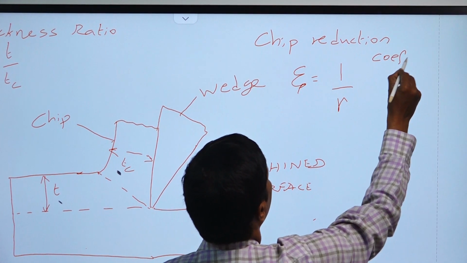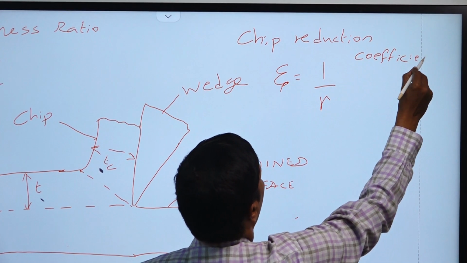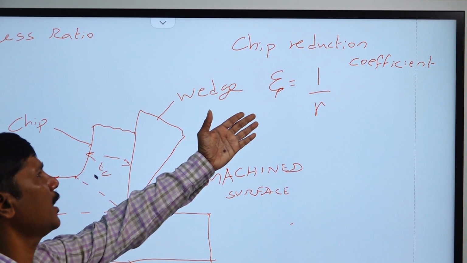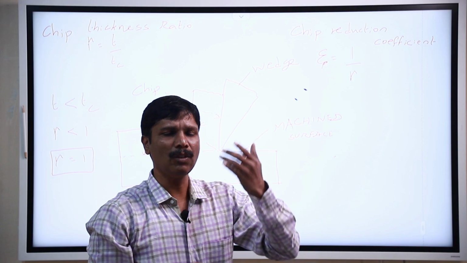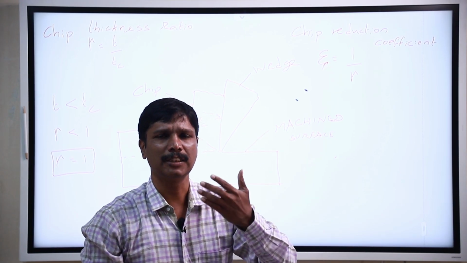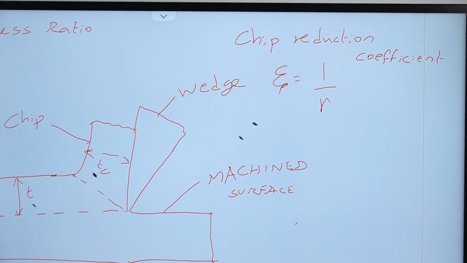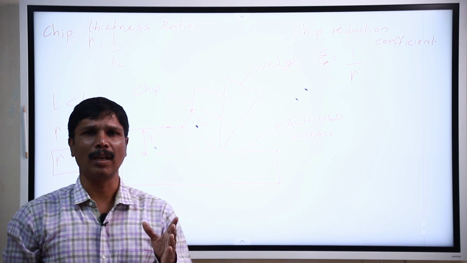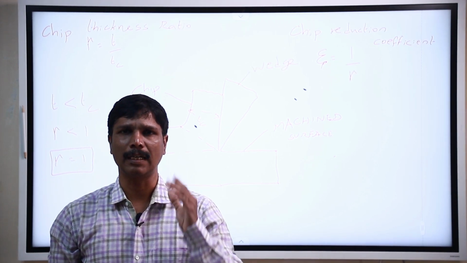So chip reduction coefficient is nothing but the inverse of the chip thickness ratio. These are the two variables we have to calculate during metal cutting.